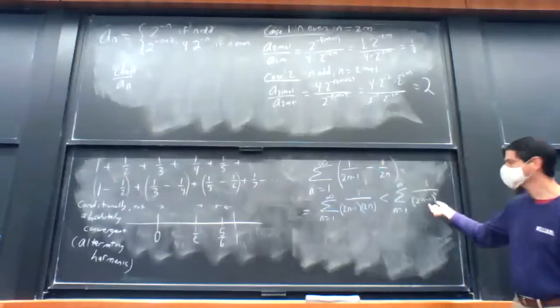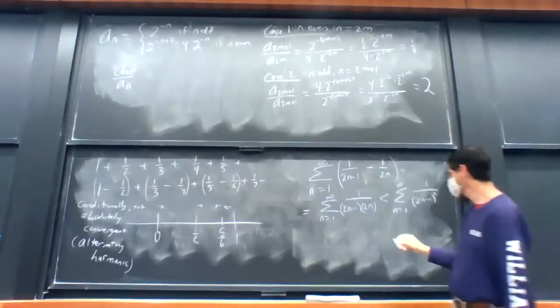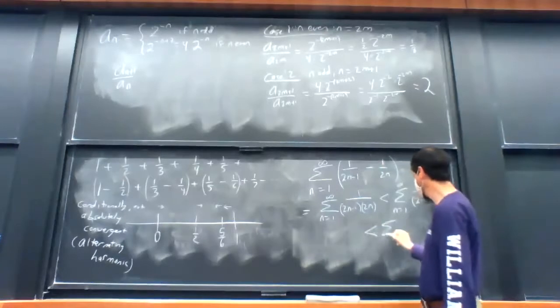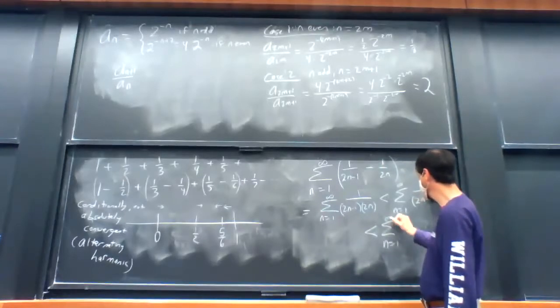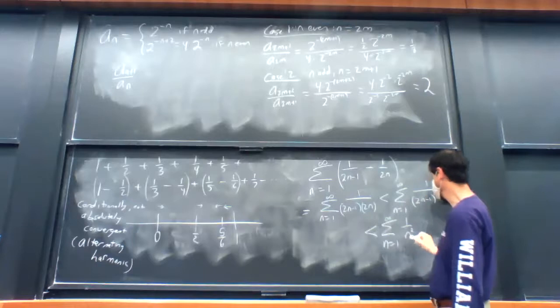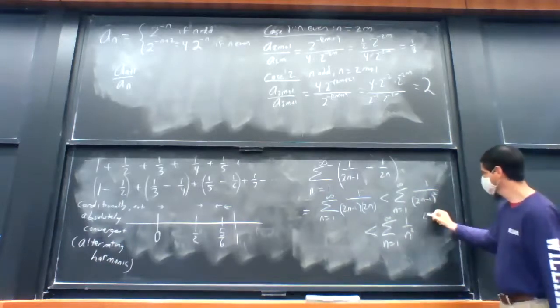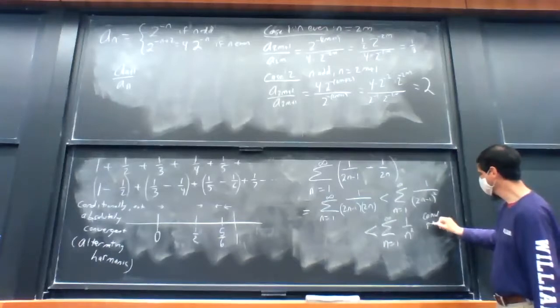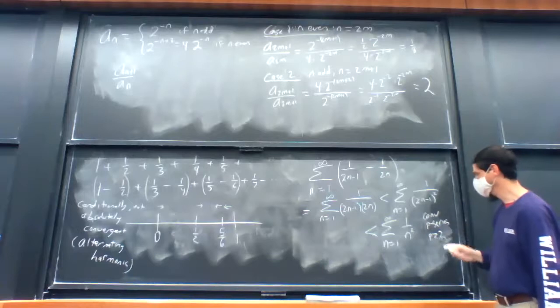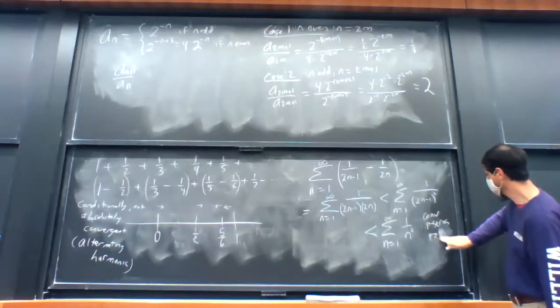Well, this is the sum of 1 over odd squared. That's clearly less than the sum from 1 to infinity of 1 over n squared, summing over all the integers. And this converges. It's a p-series when p is greater than 1.